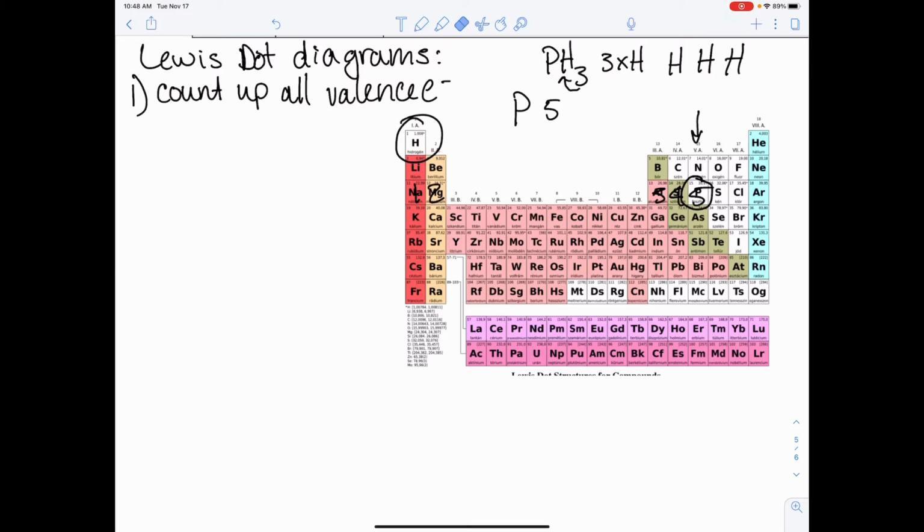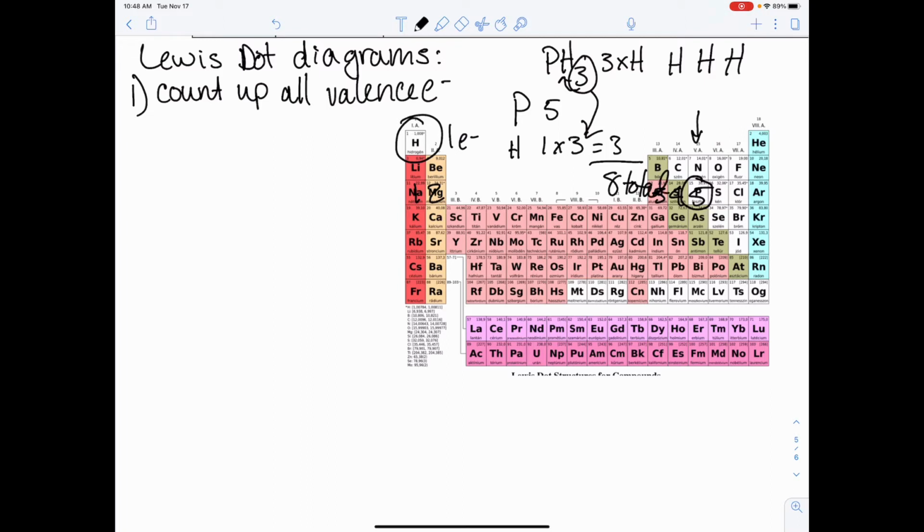So I have hydrogen with 1, and I've got 3 of them from this 3 right here. If I add them all up, I have 1 times 3 is 3. 3 plus 5 is 8 total valence electrons.